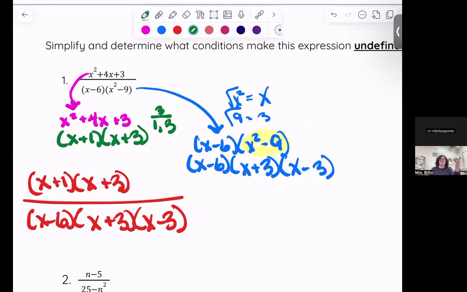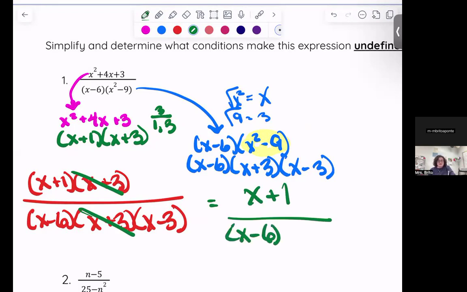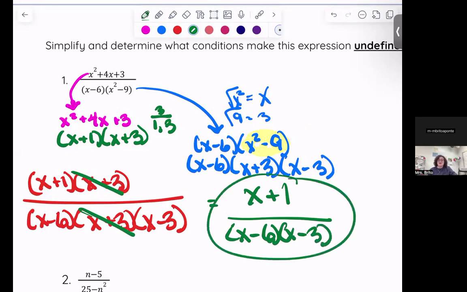I'm going to look and see if there's anything in common. It looks like they both have that x plus 3. So I can take those away. My numerator, I'm only left with x plus 1. And my denominator then is x minus 6 and x minus 3. That's my answer. That is the simplified version of this original expression.